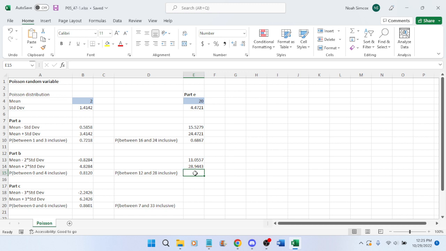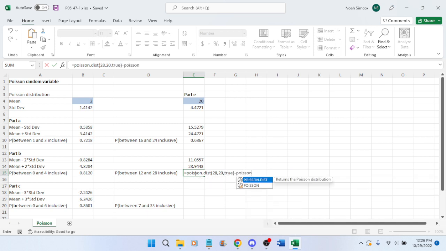So there, equals Poisson of this, 28, 22 minus Poisson of this, 11, 20.